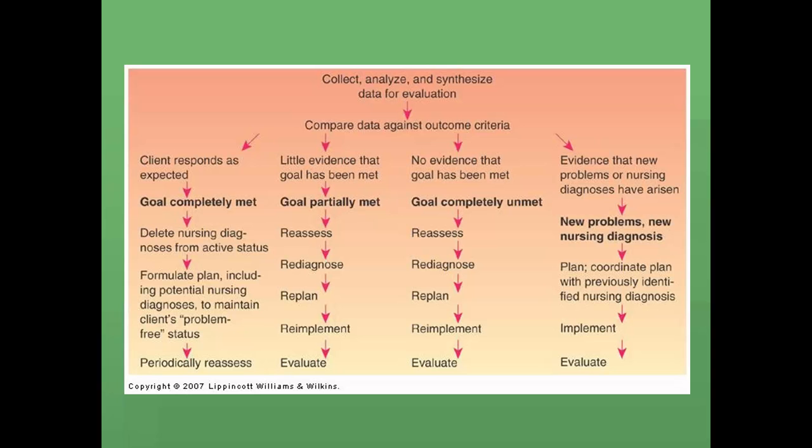So you can see the cyclical nature of the nursing process, where in fact the evaluation leads right into a reassessment, and we're right back at the top of our loop. In the right-hand column, it reminds us that oftentimes when we're doing evaluation, something brand new has arisen. We have a new problem that leads to a completely new diagnosis. And in that case, again, we're going to modify our plan of care.